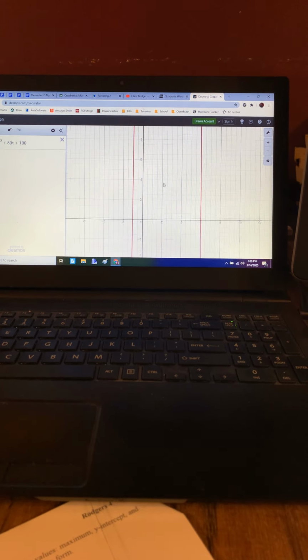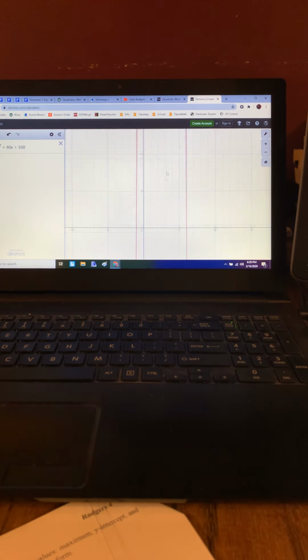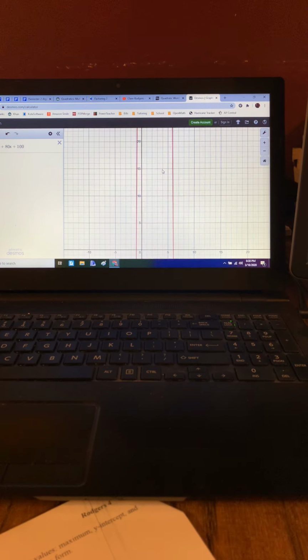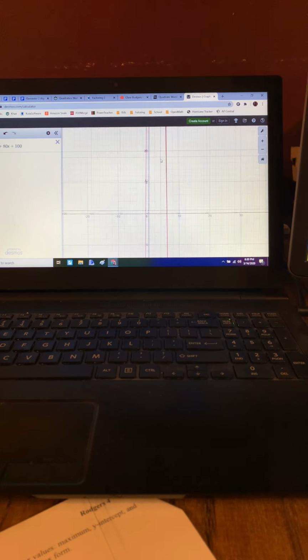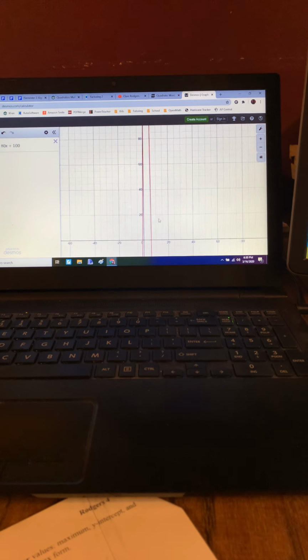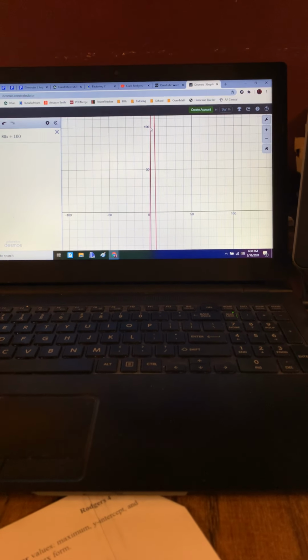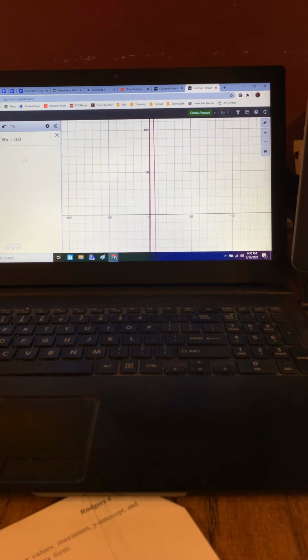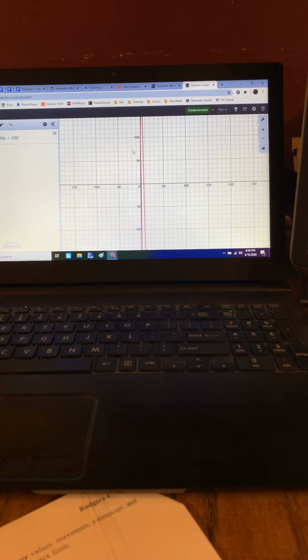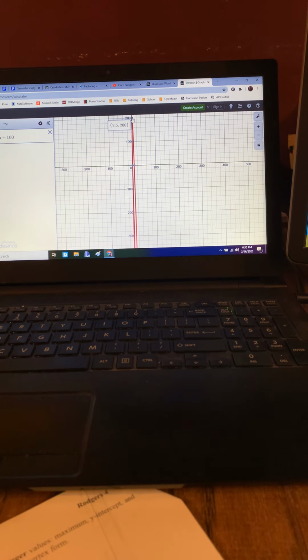Okay, and that's what I'm looking at. Well, let's see. Keep going. I think you've got to at least get to 100 because your y-intercept is 100, right? There it is. Hallelujah. 200.